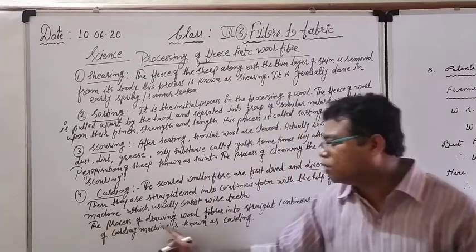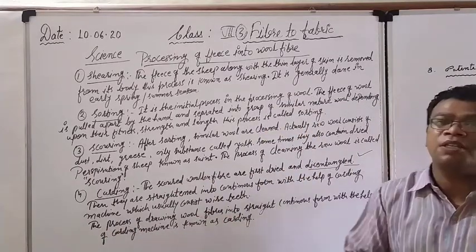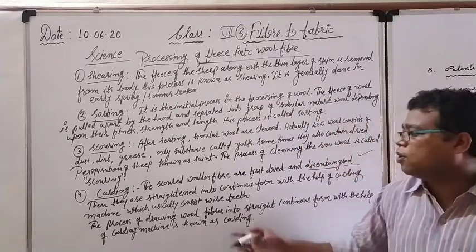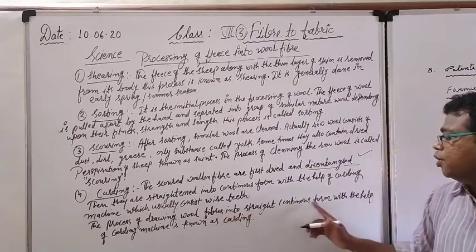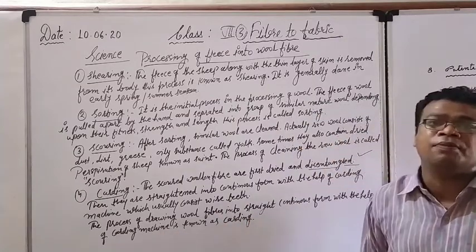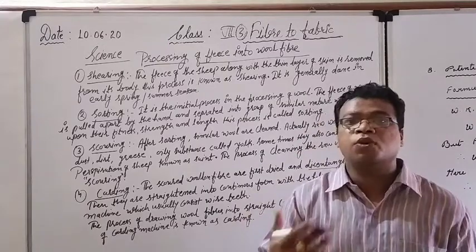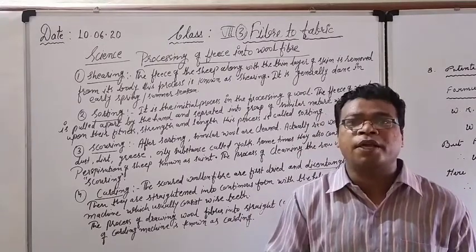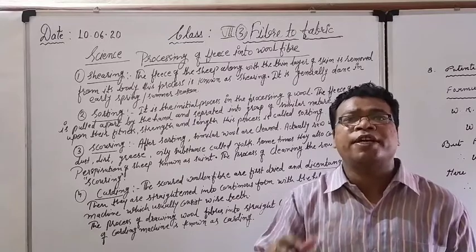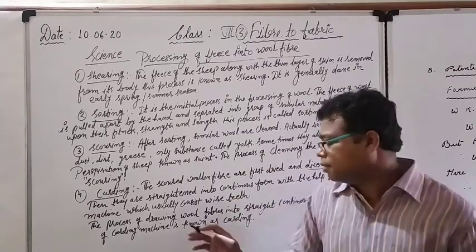See here, the process of drawing wool fibers, drawing means प्राप्त करना, obtain करना, the process of drawing wool fibers into the straight continuous form with the help of the carding machine, it is known as carding. What is the simple definition here? The process of obtaining the wool fiber into the straight and continuous form with the help of the carding machine is known as carding.